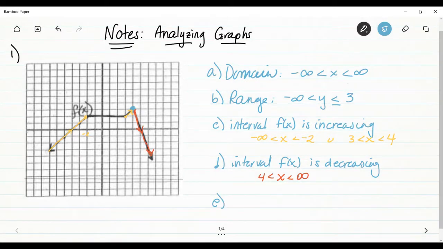The next part of our worksheet is asking where f of x is greater than or equal to 0. Well, when a function is greater than or equal to 0, when we look at f of x, we are looking at where y is greater than 0. Well, y is greater than 0 above the x-axis.